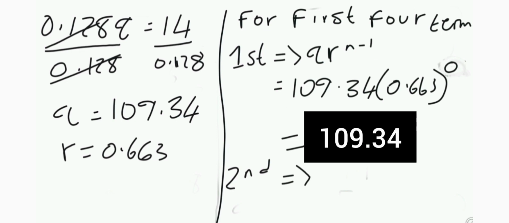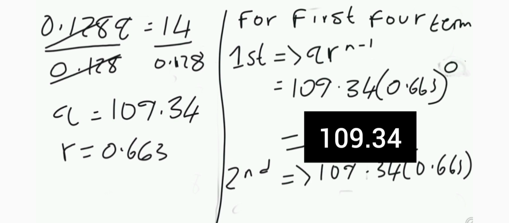How about the second term? Now for the second term, we have 109.34 times our common ratio, which is 0.663, raised to power n minus 1. The n there is what? It is 2 now for the second term.